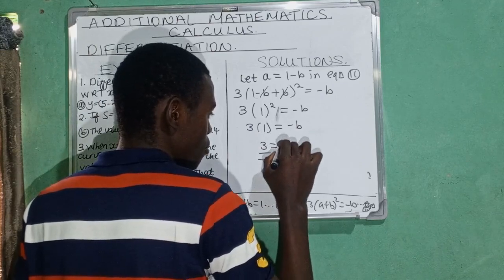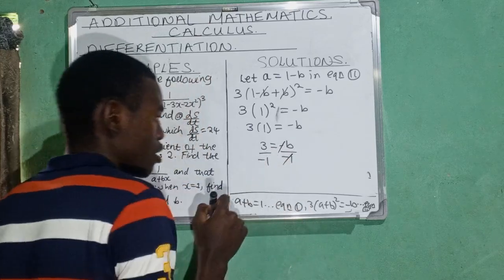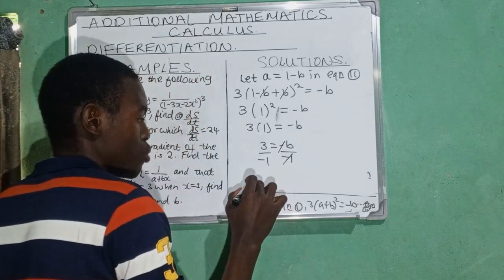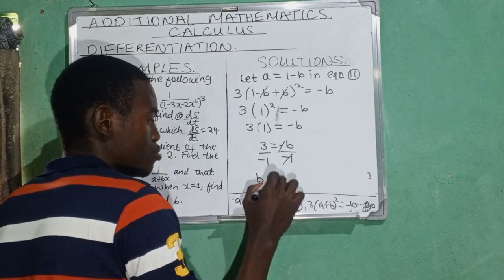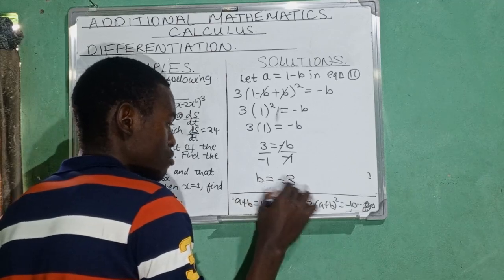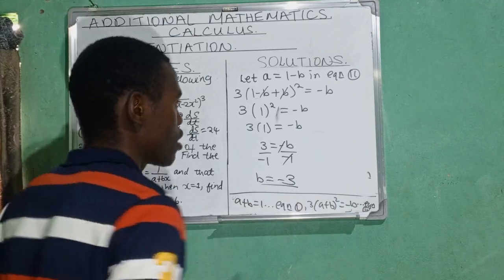We divide both sides by a negative 1 to get rid of the negative that is with the b. Therefore, we'll say b is equal to negative 1 into positive 3 is negative 3. So b is equal to negative 3.